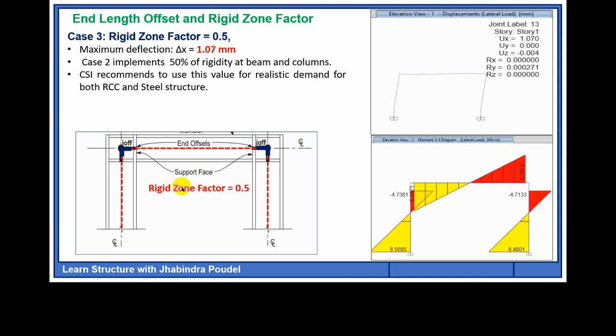The joint is assumed to be flexible or less rigid as compared to the value of 1. In this case, the maximum deflection obtained is 1.07 mm. It implements 50% rigidity at the beam and column junction, and CSI, or the designers, recommend using this value for realistic demand in the case of both steel and RCC structures. Let me turn to the ETABS model.